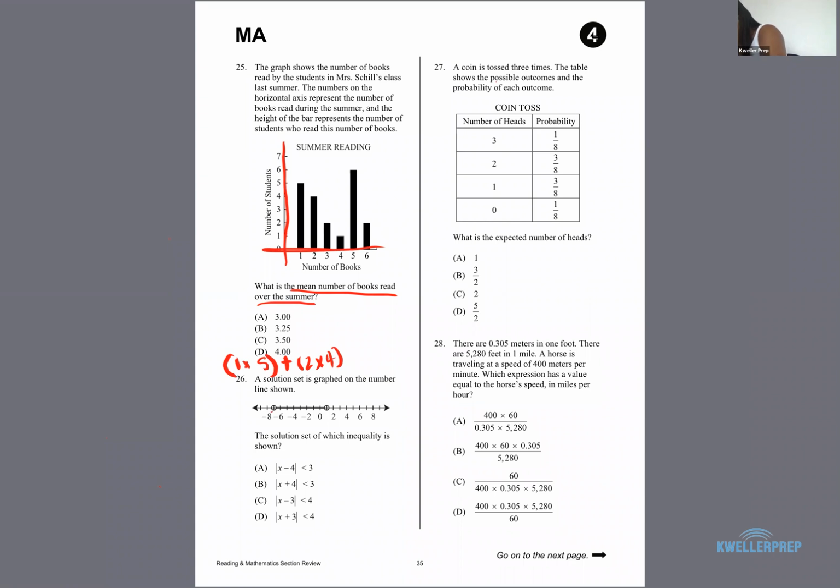and plus 2 times 3, then 4 times 1, 5 times 6. Sorry, I can't do it all in one line. And then that plus 6 times 2.